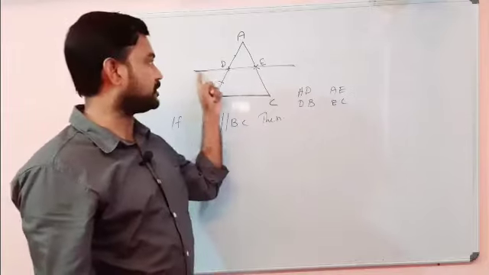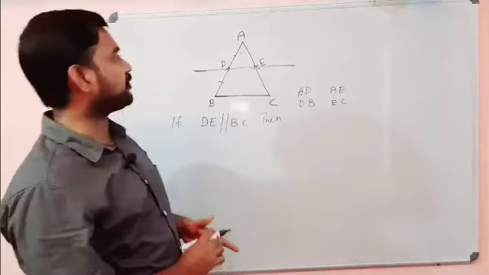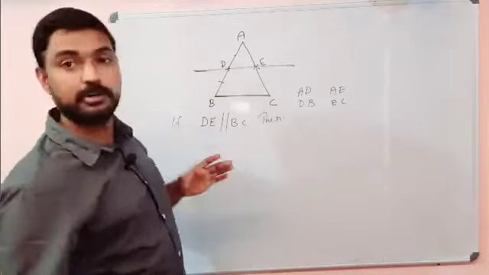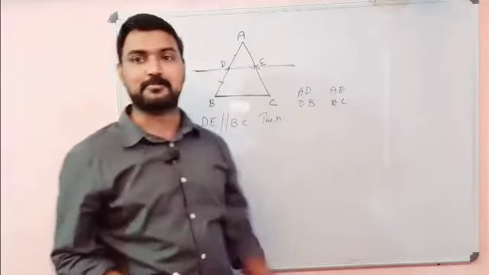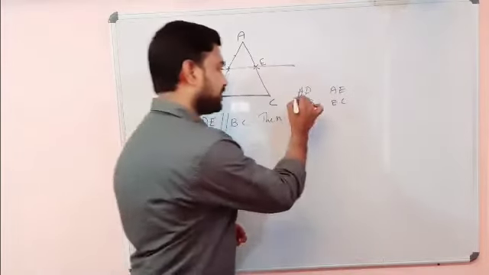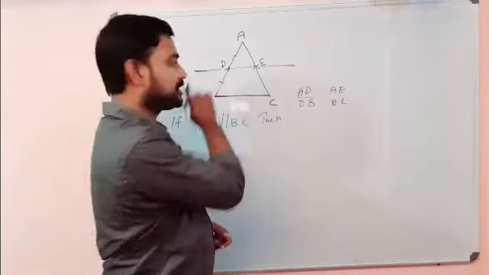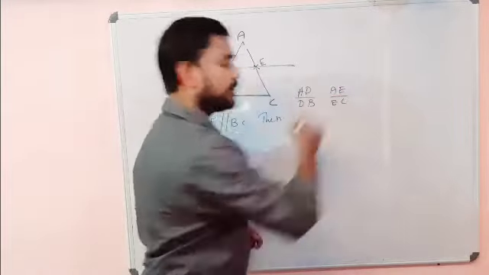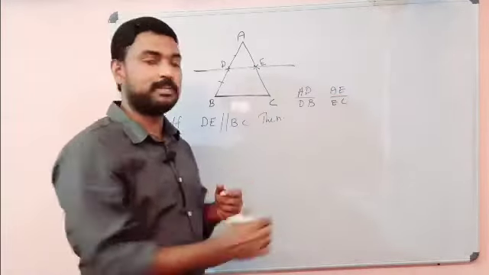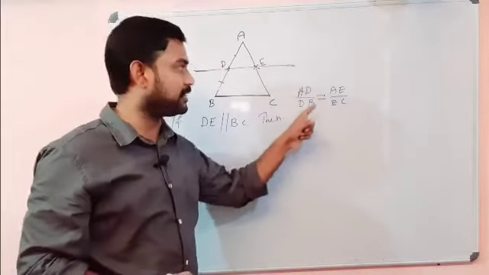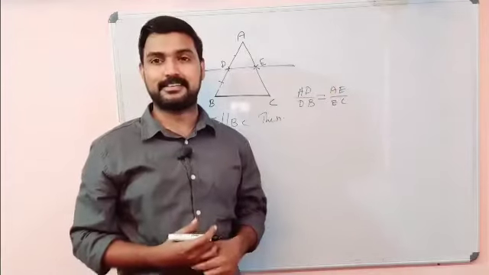Because we drew this line DE which divides AB and AC into parts in the same ratio. Same ratio means their division: AD is divided by DB, and what is the ratio of AE and EC? AE by EC. Same ratio means this is equal. So AD by DB is equal to AE by EC.